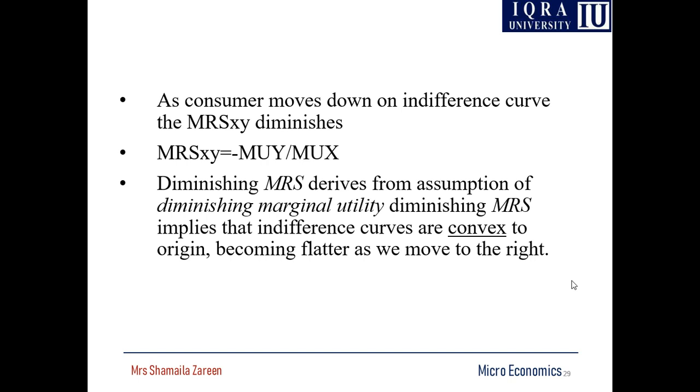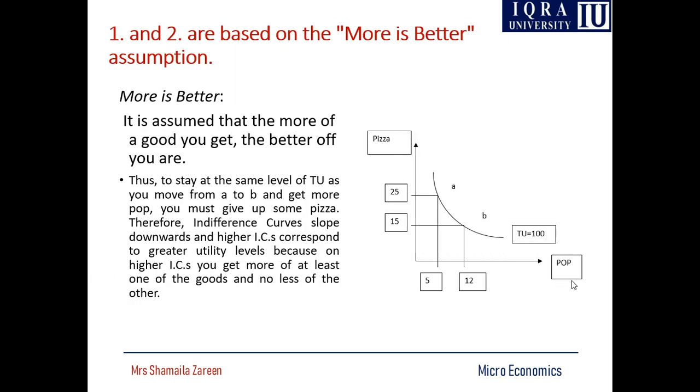It means the combination of goods x and y lies on the indifference curve, and those indifference curves show the same level of utility, which is 100. It means the consumer is indifferent, like you can see there are points A and B, and the consumer is getting the same level of utility.